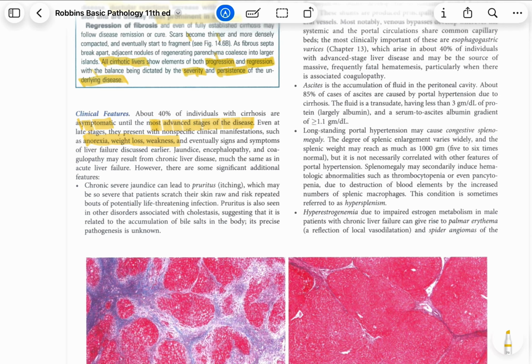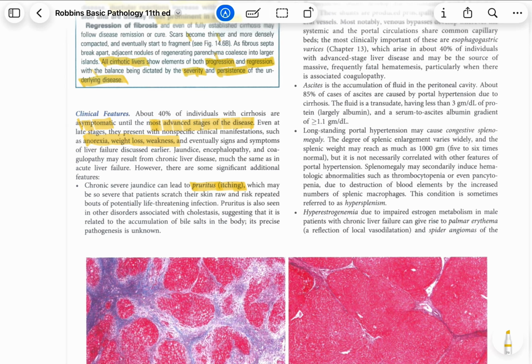Eventually, signs and symptoms of liver failure, which we just discussed when we were talking about acute liver failure, appear: jaundice, encephalopathy, coagulopathy, much the same as in acute liver failure. However, there are more significant additional features. Chronic severe jaundice can lead to pruritus or itching, which may be so severe that patients scratch their skin raw and risk repeated bouts of potentially life-threatening infection.